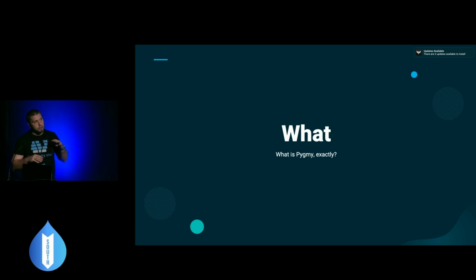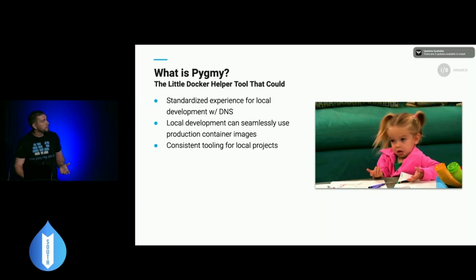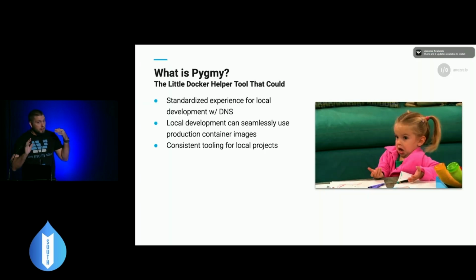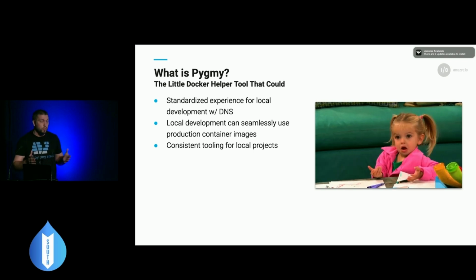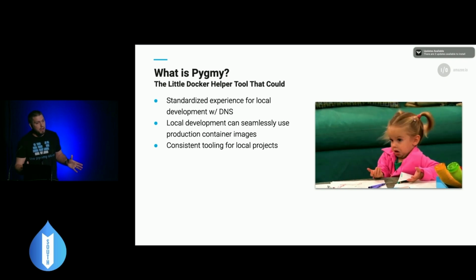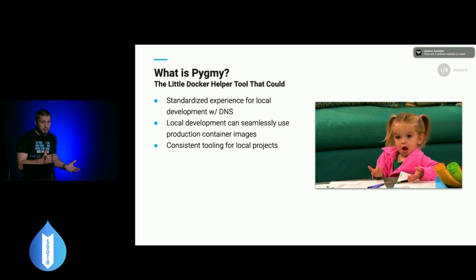A lot of people come into, or discover, Pygmy and go, why would I use that? So let's cover that first. It actually makes a lot of sense historically, if you look at the history of the project over time. However, today it provides a very low barrier of entry experience for local development, which provides DNS and reusable containers.